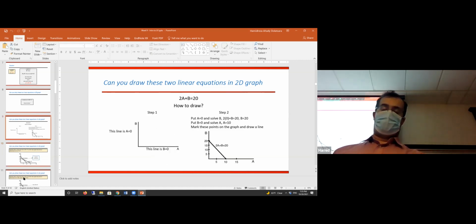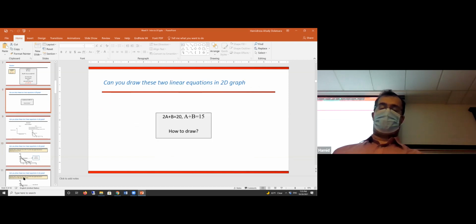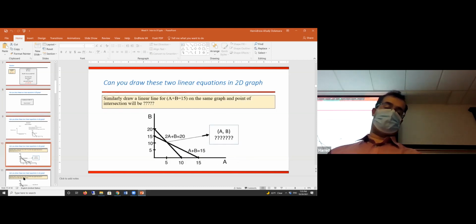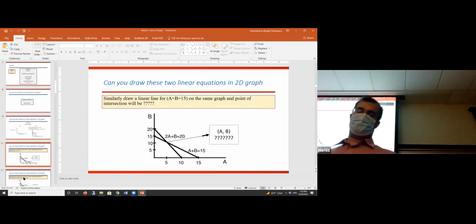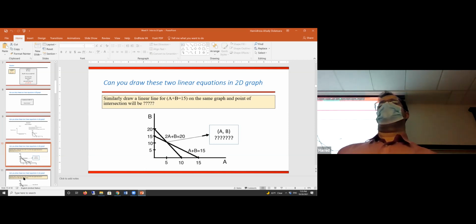Basically the solution of this system is the point that intersects the two lines, A plus B equals 15 and 2A plus B equals 20. And this is the answer. Isn't it a straightforward way?